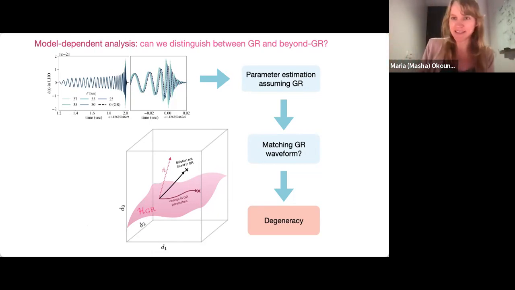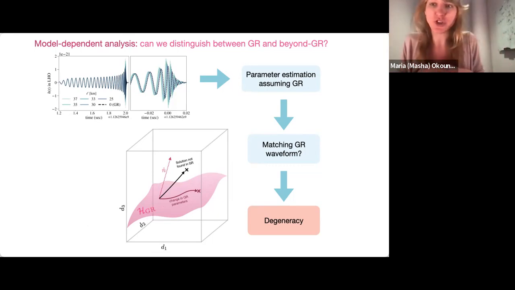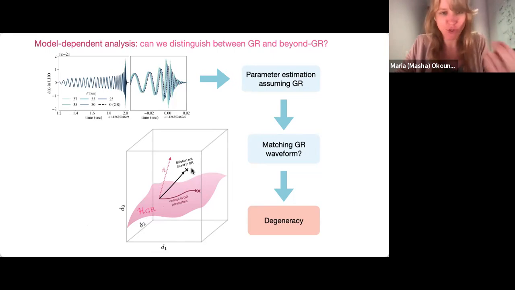Now, if I had degeneracy, basically for full degeneracy, let's say, for any point in parameter space, I would just be moving along this manifold. And so when I do parameter estimation there, I would basically be doing parameter estimation on this point, let's say.